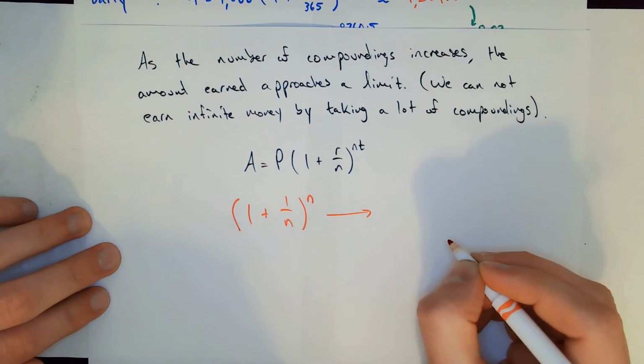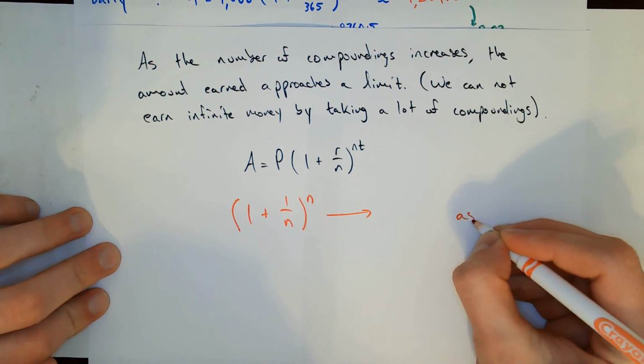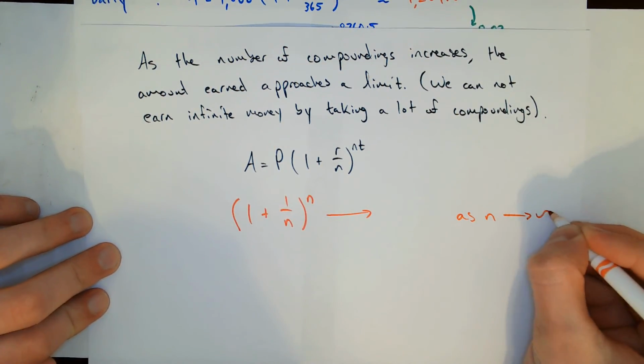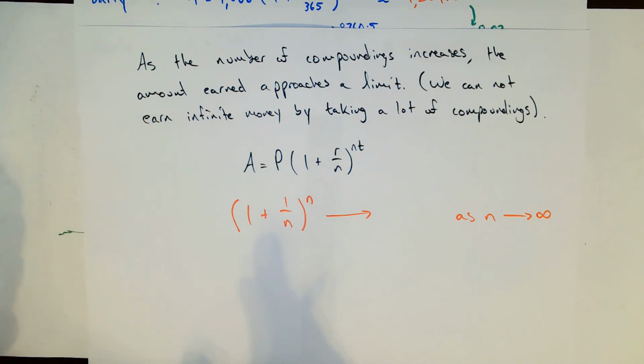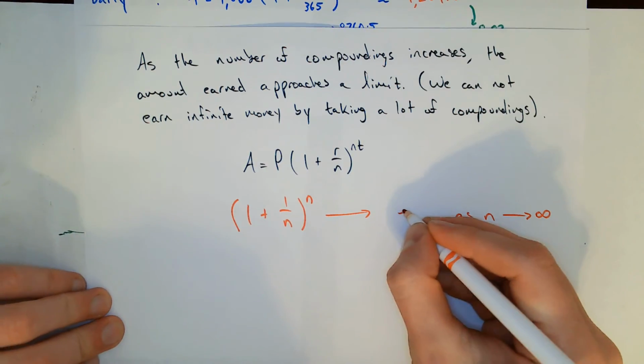This approaches a particular number as n approaches infinity, as n gets huge. And that particular number, as strange as it may seem, is the number e.